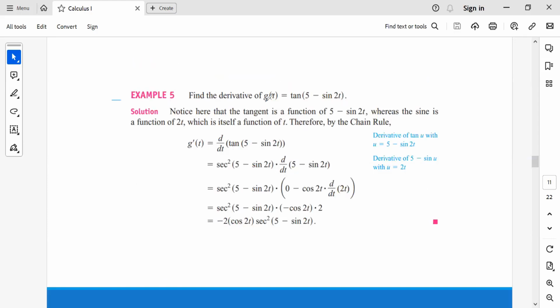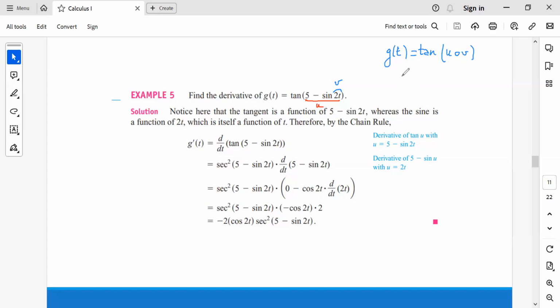Another example of the use of the chain rule. Here we have multiple composition. We have tan of 5 minus sine 2t. This is called u. And we have also 2t inside the sine, which, for example, can be called v. So here g of t is tan of u of v.